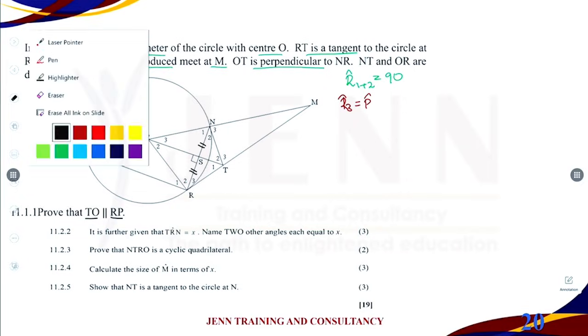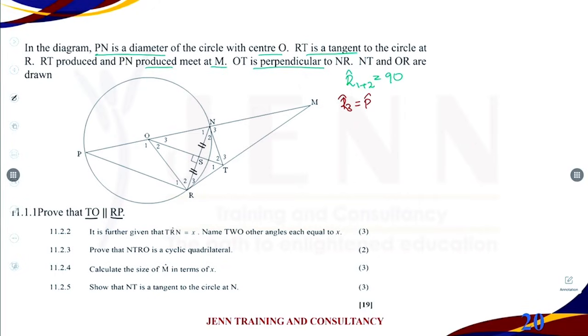Now, after erasing, which lines must we prove are parallel? We must prove that TO, this line, is parallel to that line. So for us to prove that this line is parallel to this line, remember, what is it that we must prove? We must prove that at least angle OT is equal to angle R1.